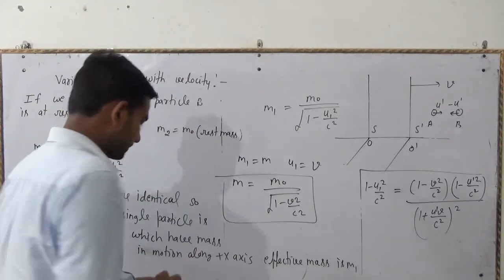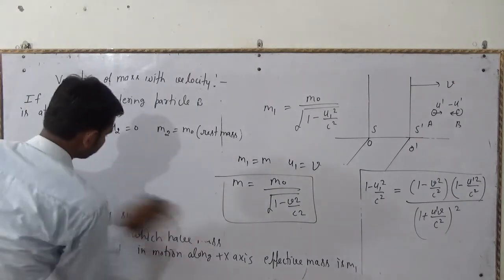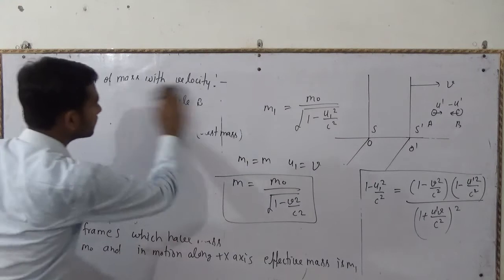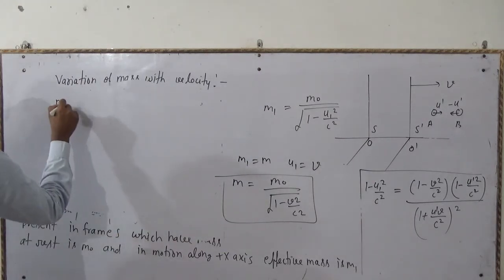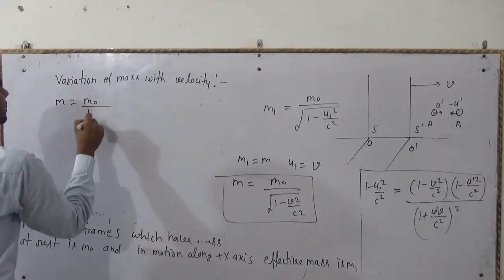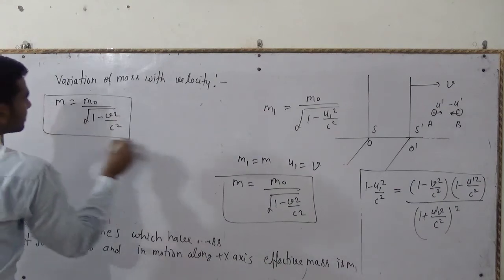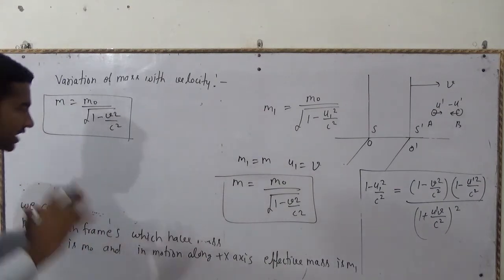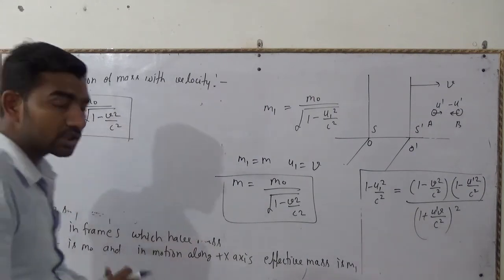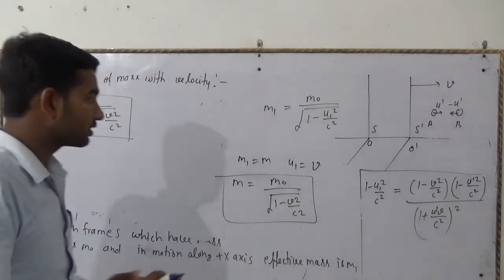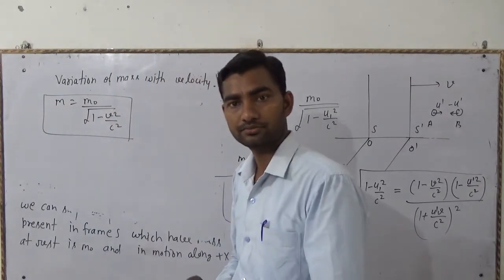Friends, if we see this formula, m is equal to m naught upon under root 1 minus v square by c square, from this result we can see very easily that if velocity v is increased, then m also will be increased.